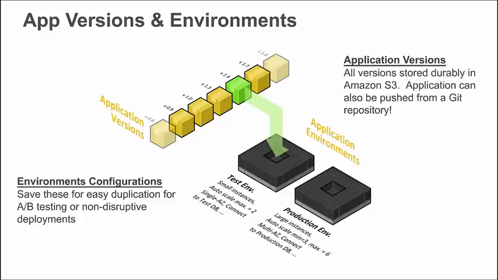When you create an environment, Elastic Beanstalk provisions the resources you need to run the application version you specified. With multiple application versions and environments, you can easily deploy dev, test, staging, and production environments, perform A/B testing, or orchestrate blue-green style deployments.